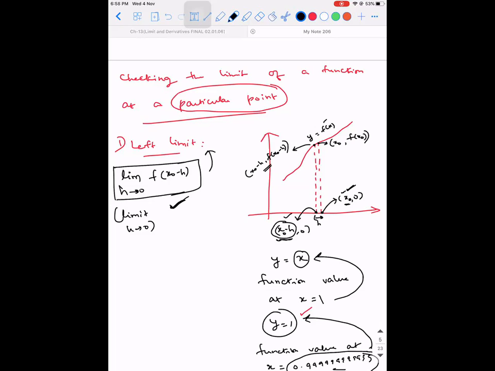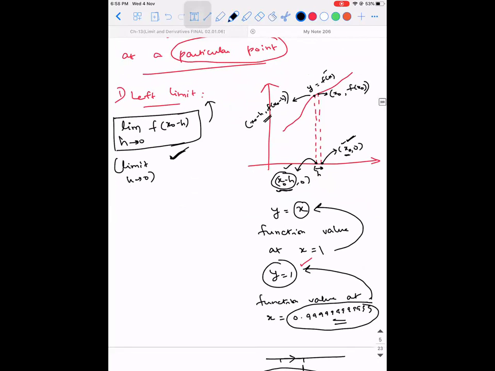So going forward, when I ask you to calculate left limit, there is the formula that you're going to use. Limit h tends to 0, f of x naught minus h. So then that means we have to find the functional value at x naught, sir. You're checking the functional value of x naught approaching from left hand side.